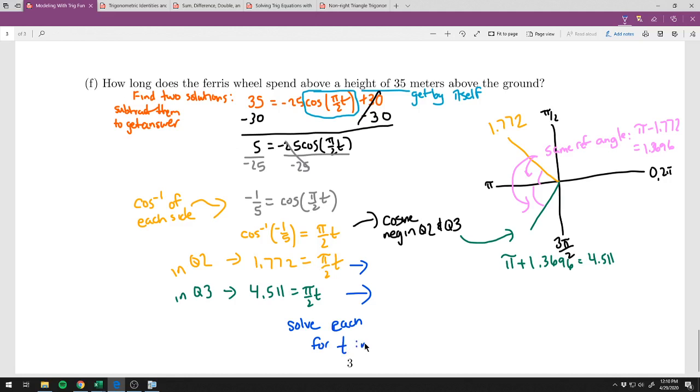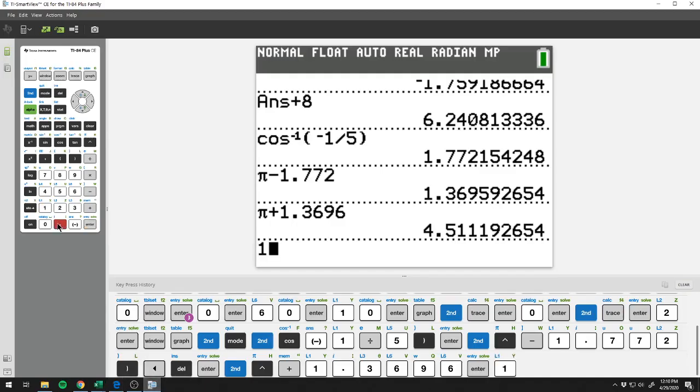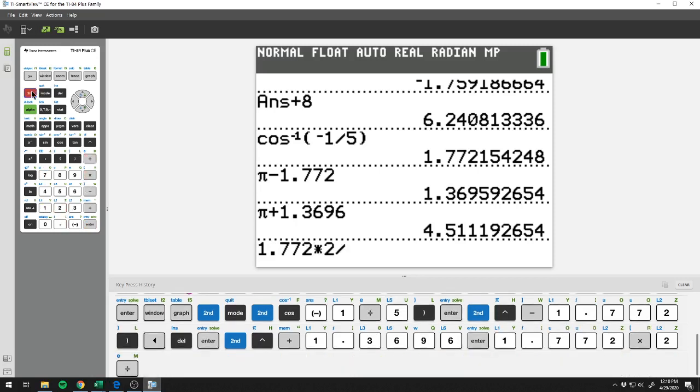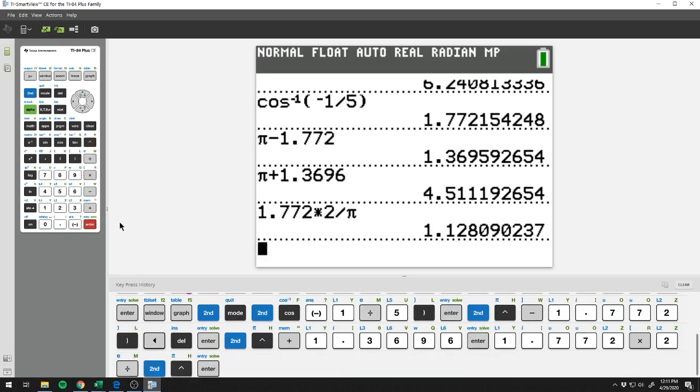Solve each for t by multiplying by 2 over pi, the reciprocal. All right, so this first one here, we get t equals 1.772 times 2 over pi. See what that is. We get 1.128.